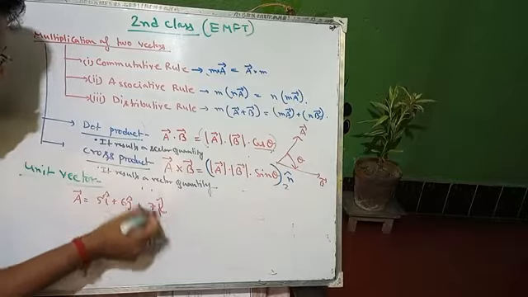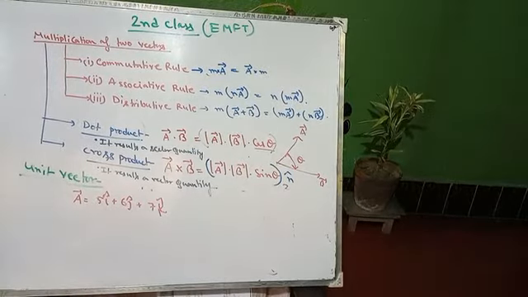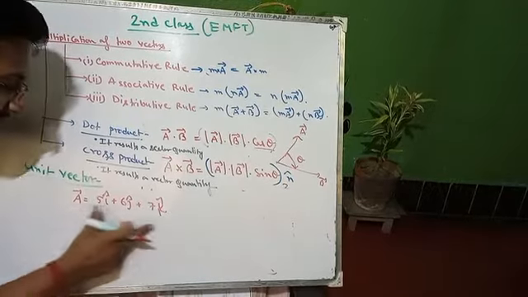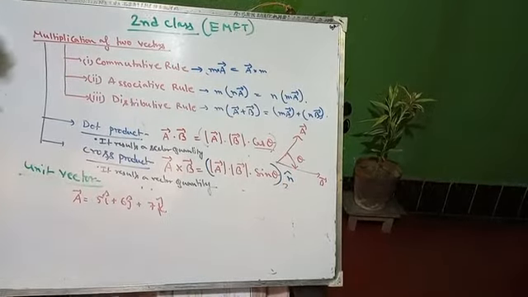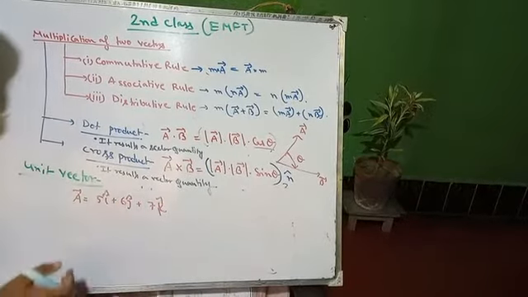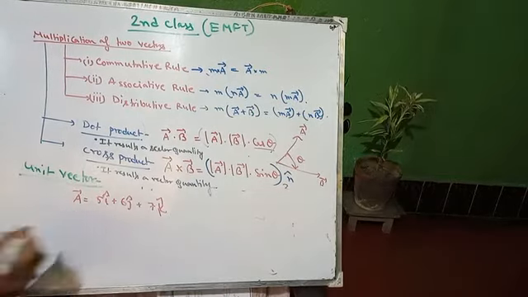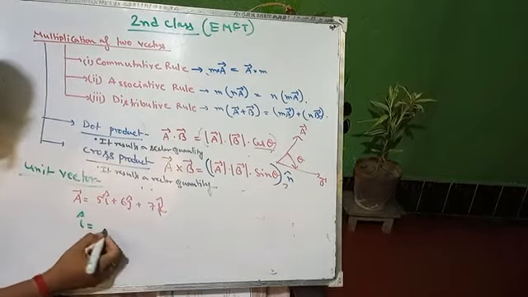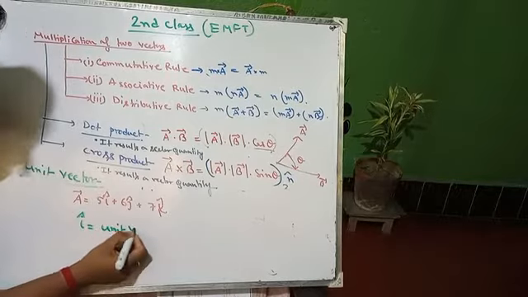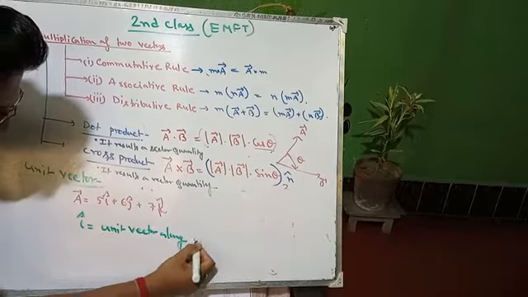These i cap, j cap, k cap are nothing but the unit vectors along x, along y and along z, right? This i cap means the unit direction along the x axis. So this i cap equals the unit vector along the x axis.